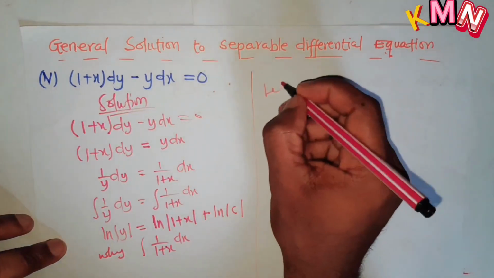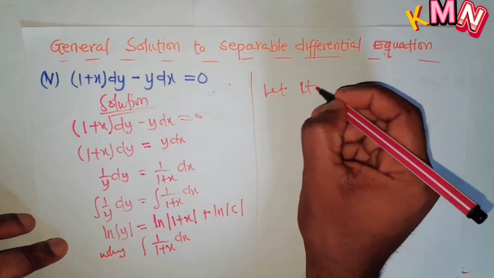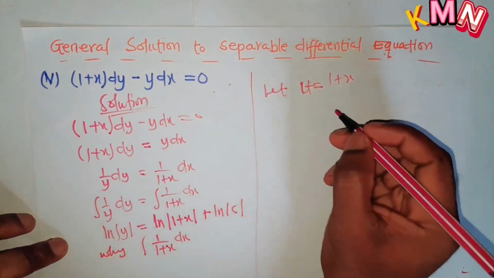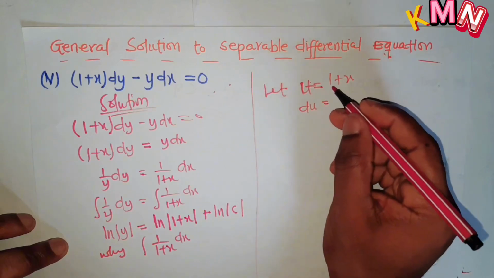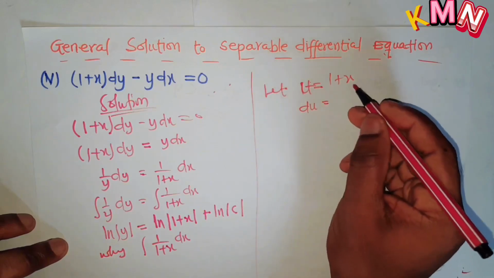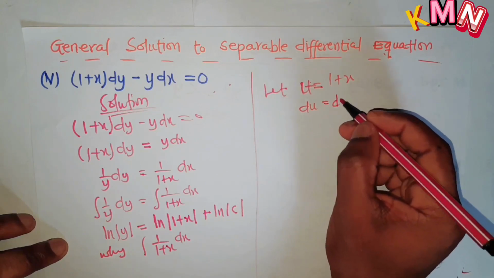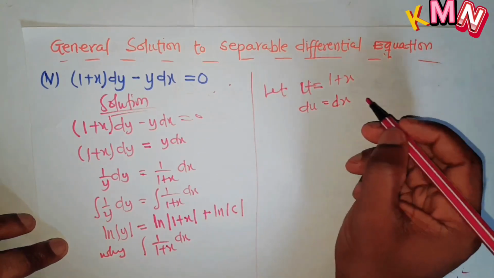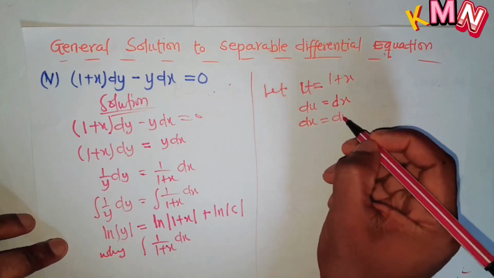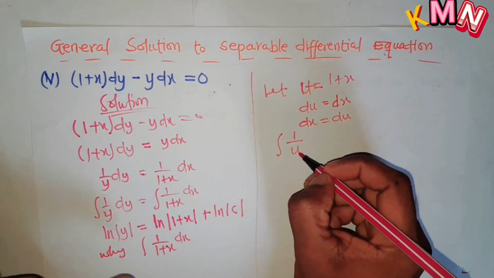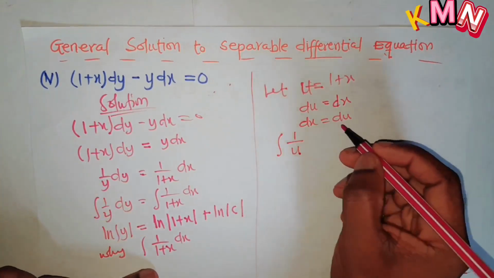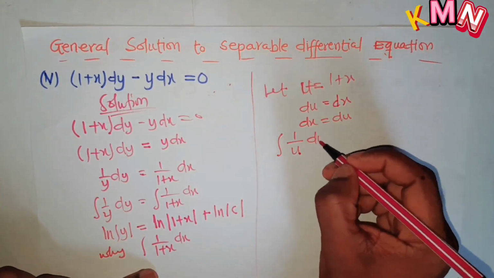Assuming we are just solving that alone, you can say that let u equals 1 plus x. Then we differentiate: du equals, this will give us 0, this one will give us 1, so du is the same as dx. Substituting, we're going to get the integral of 1 on u du.